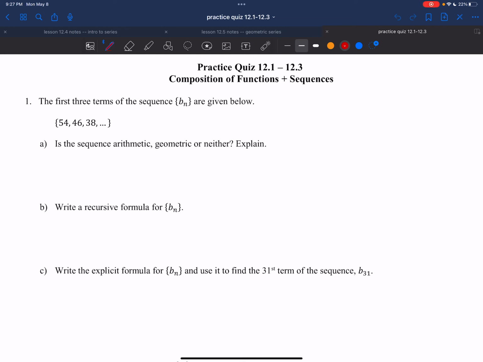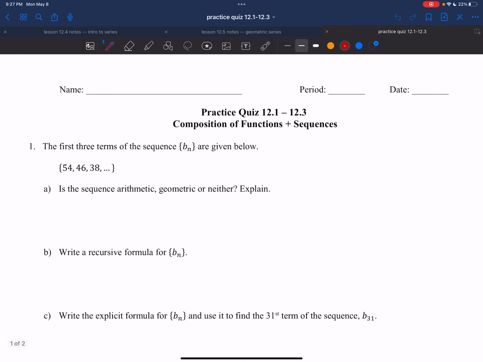The first three terms of the sequence B sub n are given below: 54, 46, 38. And we ask ourselves, is the sequence arithmetic, geometric, or neither? Well, if it's arithmetic, it has a common difference. So I'm going to put this here. I'm going to say star, arithmetic.